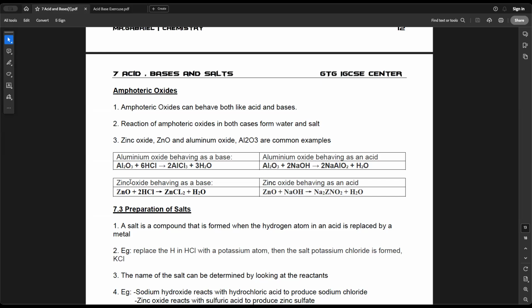Which question is this one? Which one? 10. 9.